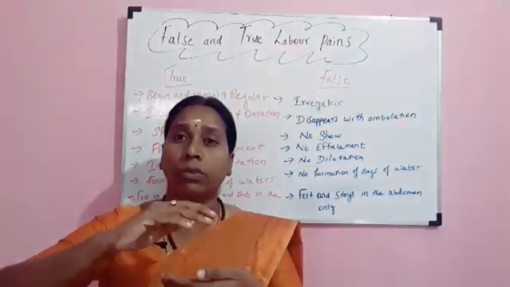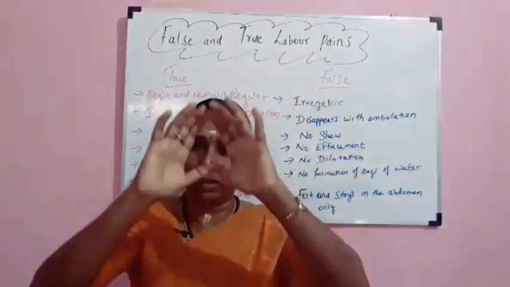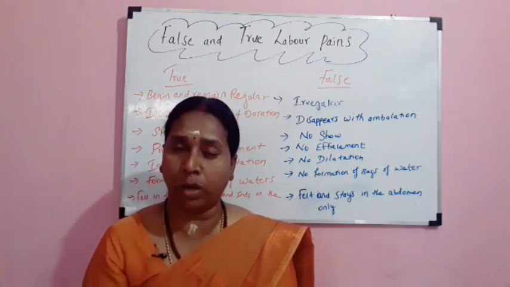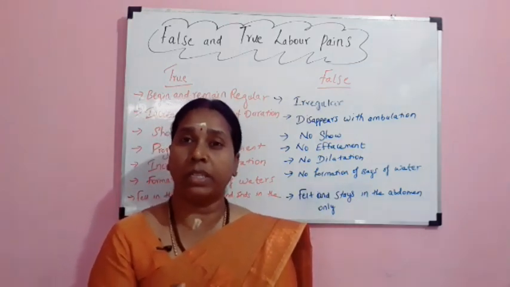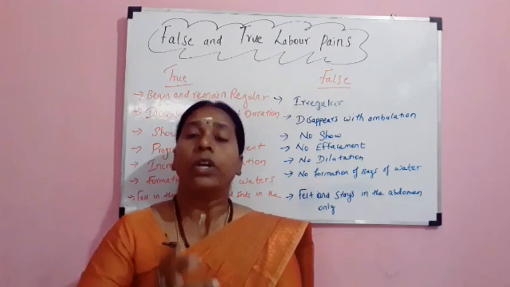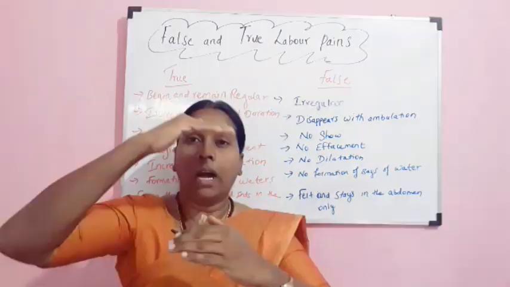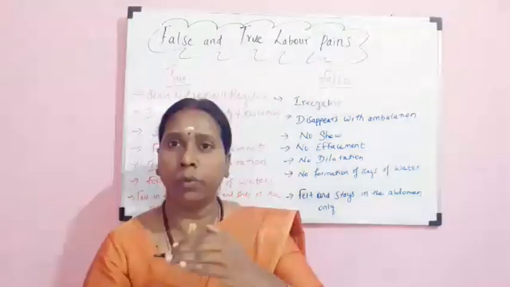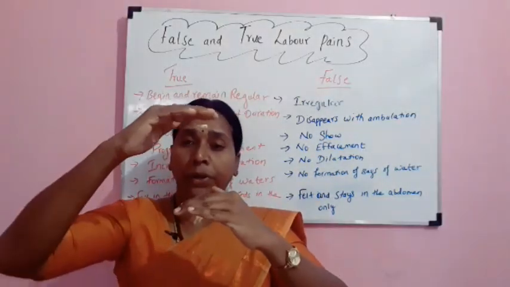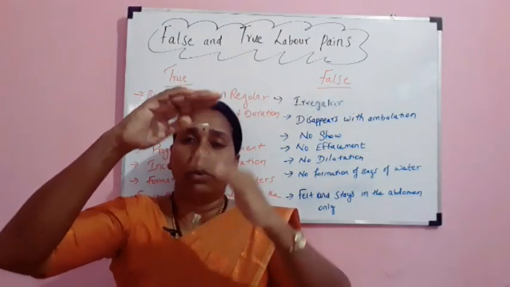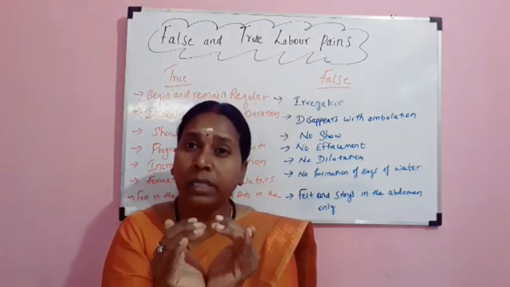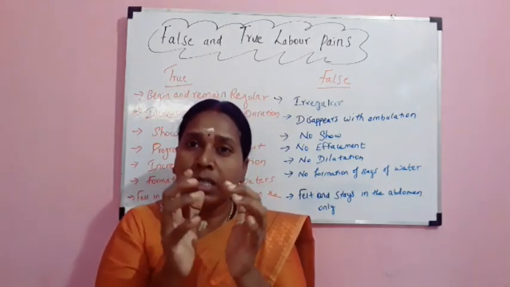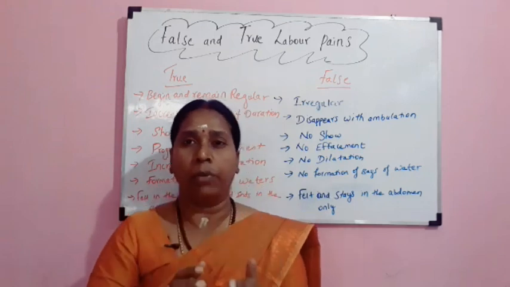What is the bag of water? The uterus has a big volume of water, that is amniotic fluid, inside the sac. When the labor is initiated, you will have two compartments, the upper uterine compartment and the lower uterine compartment. The upper uterine compartment stays like that, and the lower uterine compartment, which holds the head of the baby, starts pulling up with the amniotic fluid.